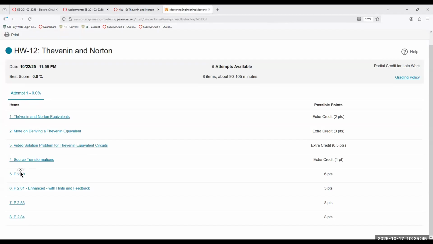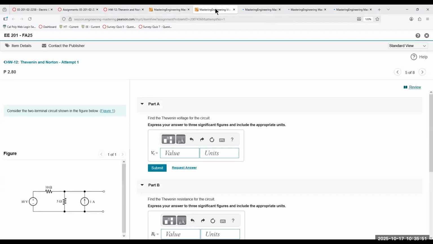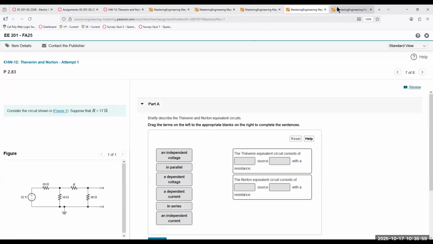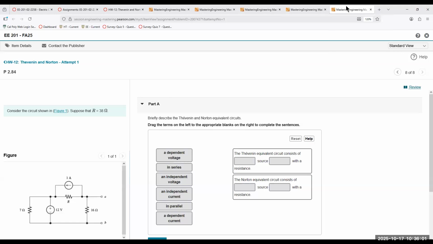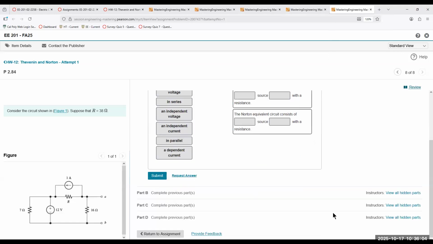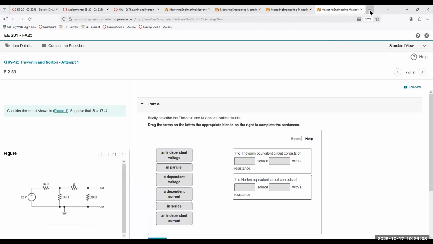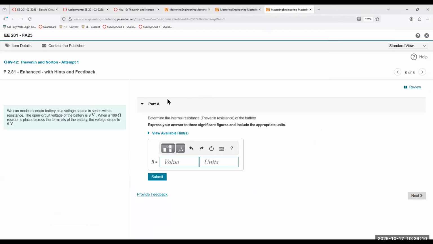So we had 280, 281, 283, 284. That one is straightforward. This one might be a little tricky. This one is fine, straightforward. This one is okay. I might talk about this later.